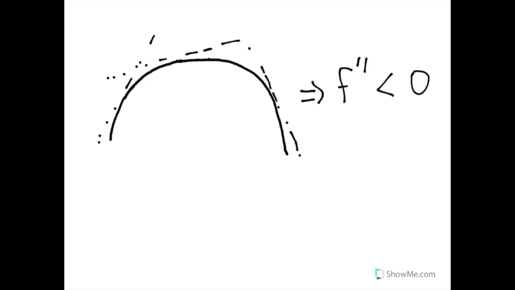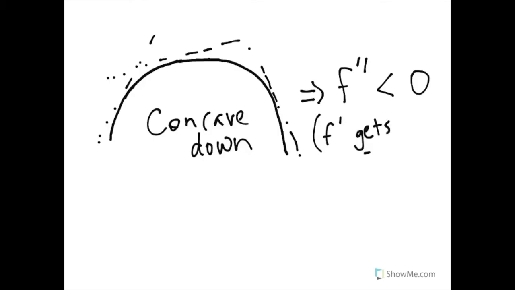There's a phrase we typically use for a graph that looks something like this, called concavity. Maybe you've heard of concavity before, but this graph is an example of something that is concave down, and f double prime is negative because f prime gets smaller. To get smaller means eventually getting further and further negative.